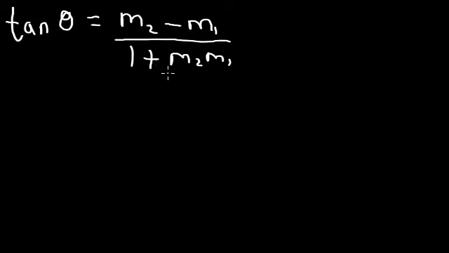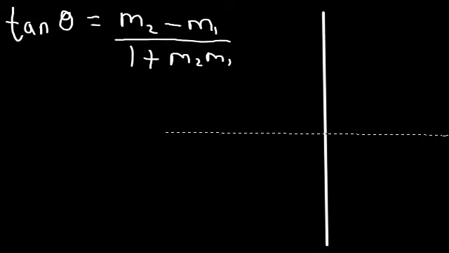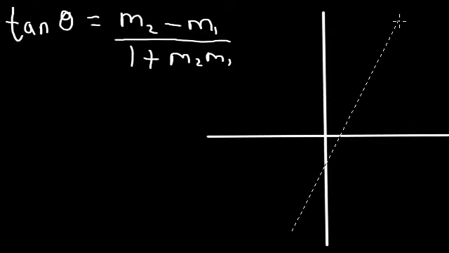Let's begin our discussion by considering a coordinate plane centered at 0. Let's consider two different lines on this plane. I will consider the first one to be in green color, and the second one to be in yellow color.